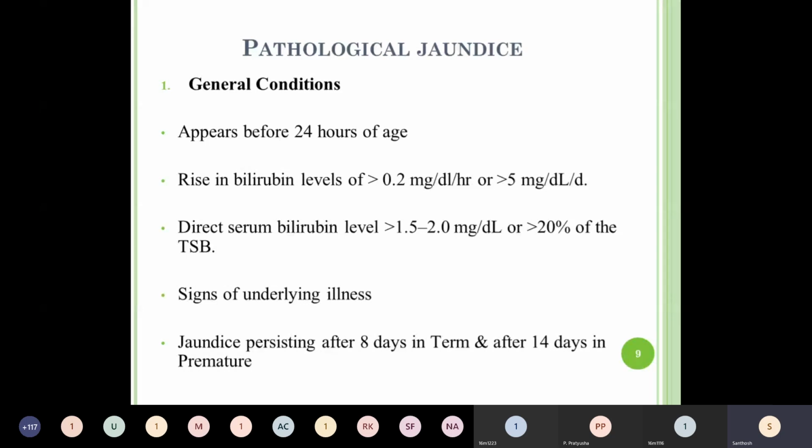If the baby has any underlying illness, like sepsis, hypothermia, or acidosis, then also it is pathological jaundice. Jaundice persisting for more than 2 weeks in term babies and 3 weeks in premature babies is also pathological jaundice.